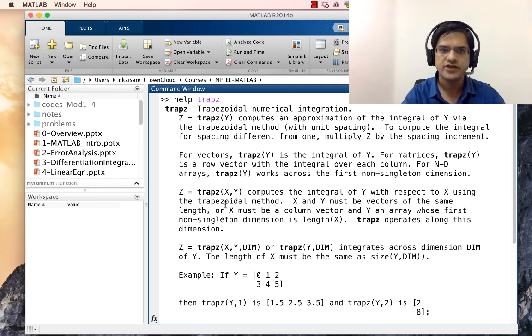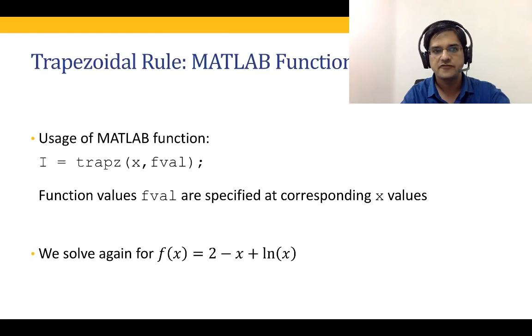However, we know our values of x are not given by unit spacing. Therefore, we need to use the command z equal to trapz(x, y), where x are the independent variables and y are the corresponding values of the function. So this is exactly the usage that I have shown here.